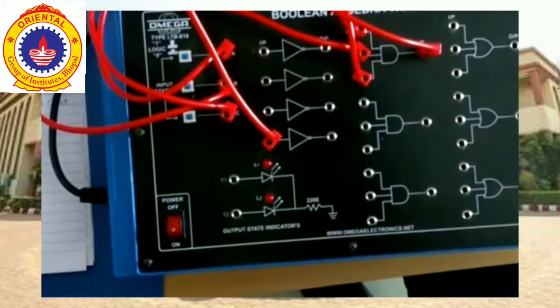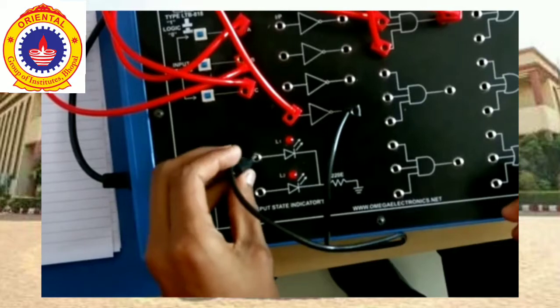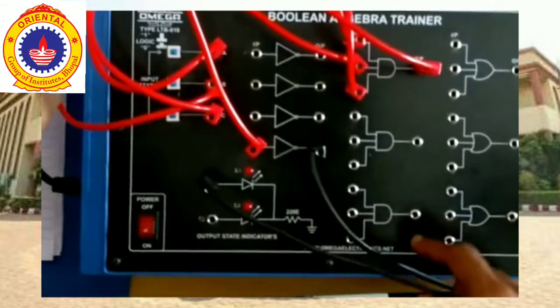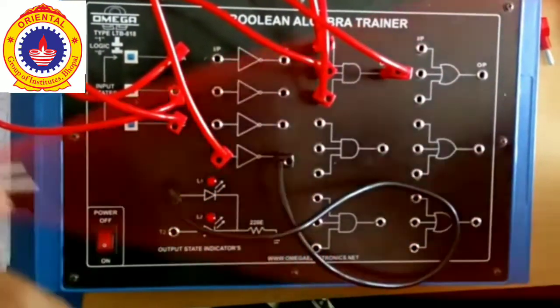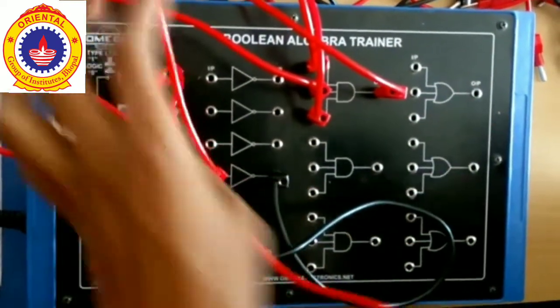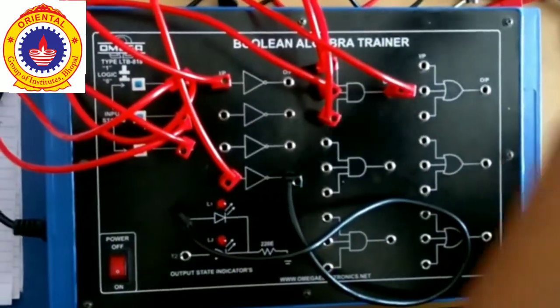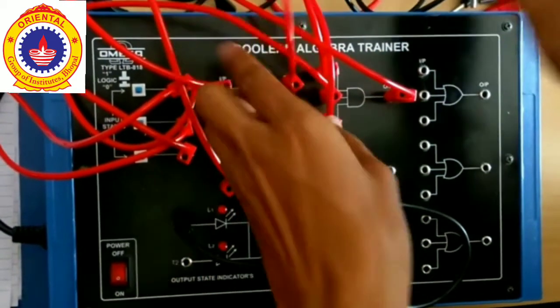Then we need three NOT gates, because we want the complement of each input. We give the inputs to the NOT gates so that we get A complement, B complement and C complement, and then we give the outputs of these NOT gates to the OR gate.